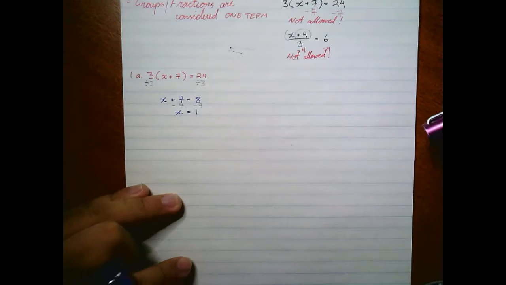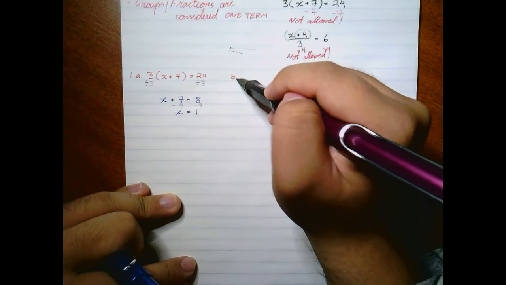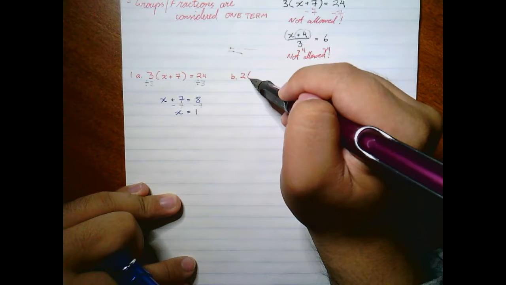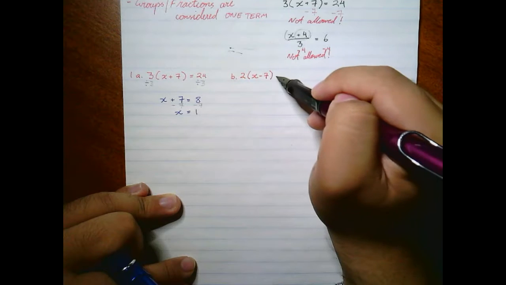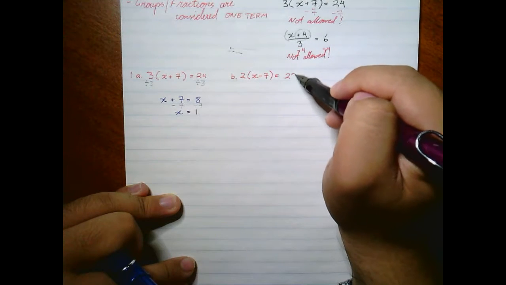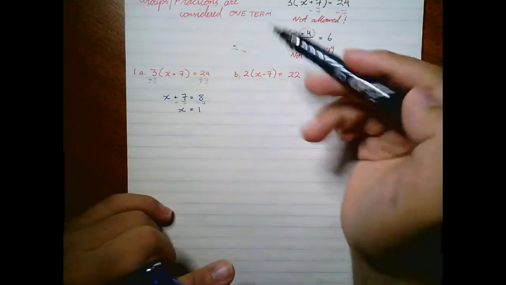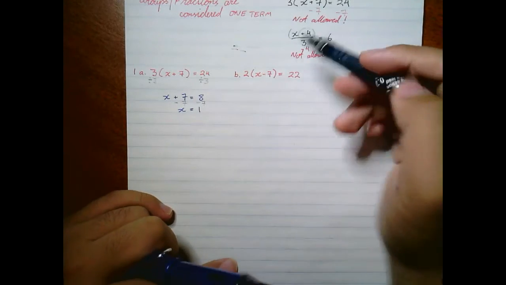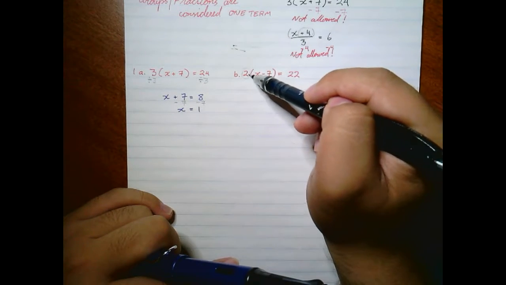Let's do a few more questions here. We have question B, 2 outside x minus 7 equals 22. Once again, we can already apply an inverse operation from here. That is 2 times this group.